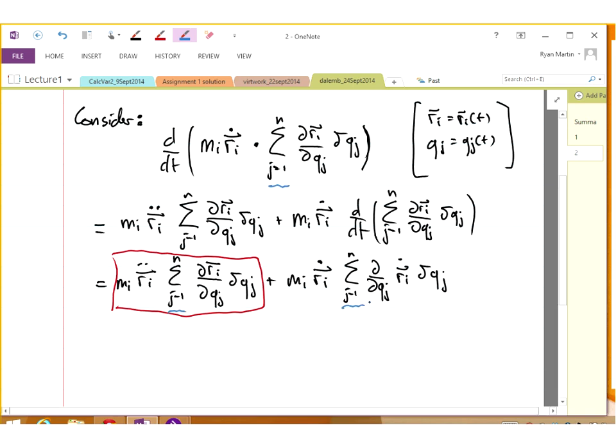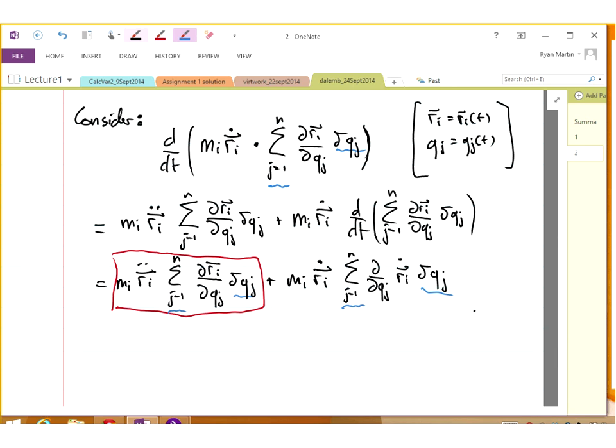And inside of that sum, there is always a delta q_j that goes with the sum term. So for this equation to be true, I can move the sum out to the front of each term, and then each term has to be equal for each j.